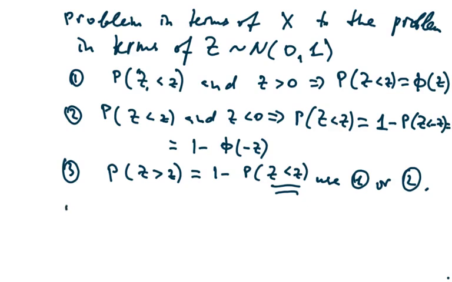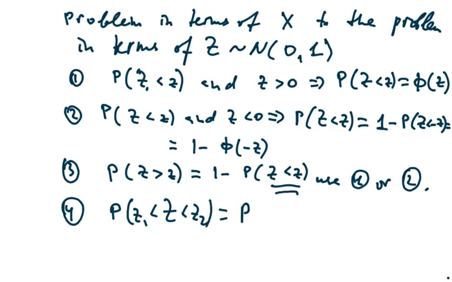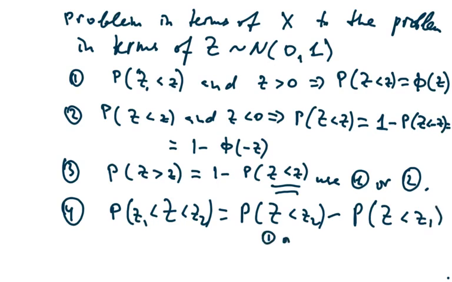Okay, and the two-sided case: we want to find the probability that random variable Z is more than z1 and less than z2. Then this equals the probability that capital Z is less than z2 minus the probability that capital Z is less than z1. And each of these is found by 1 or 2.